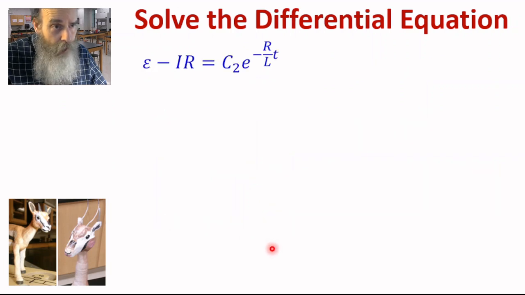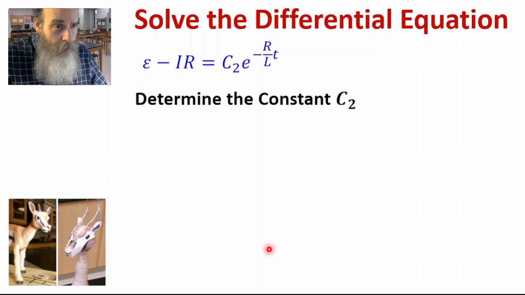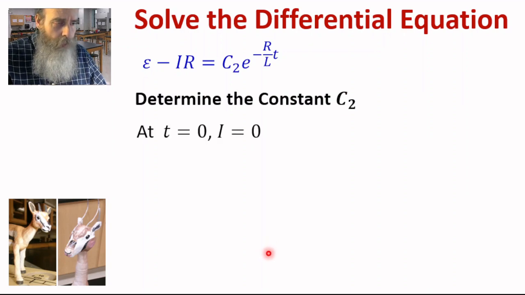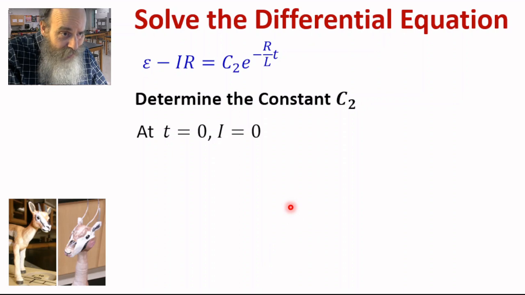We need to find that constant C2. How do we do that? We need some initial condition. What is one of our initial conditions? Well, when t equals 0, the current was 0. So let's put these two things into this equation. We'll put I equals 0 into here, and t equals 0 into here.